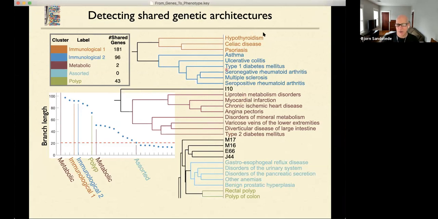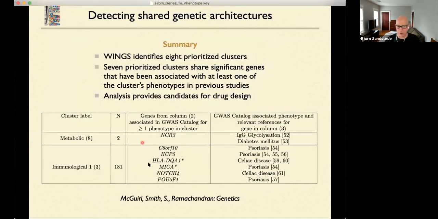I think what's most important about this is really which genes are implicated, which genes are underpinning the reasons why they were clustered. Our analysis tells us what these genes are. Here are a few examples where we list a number of these genes, specifically those that were already implicated by medical or biomedical studies with specific diseases.